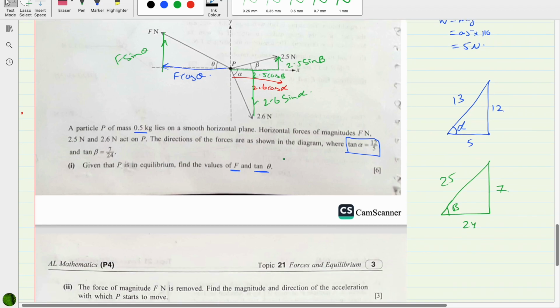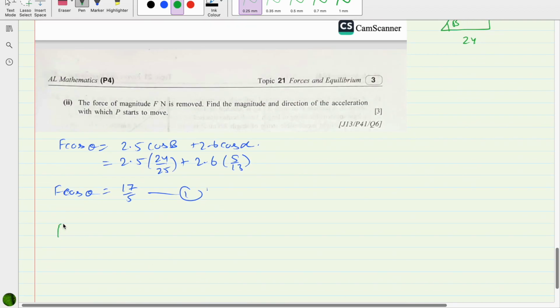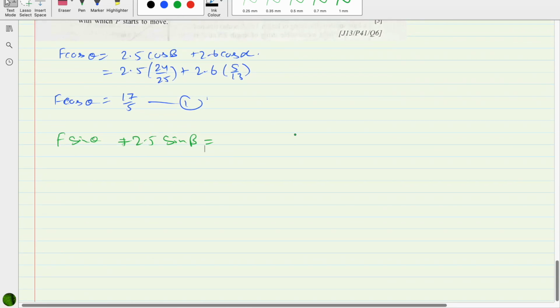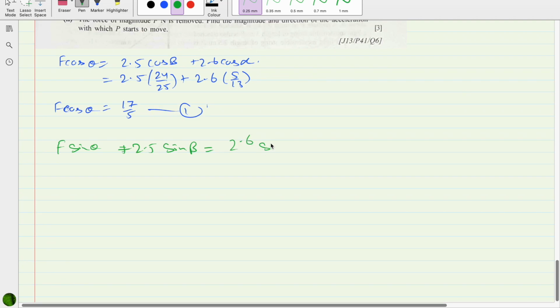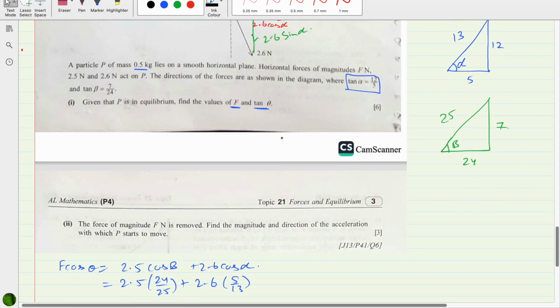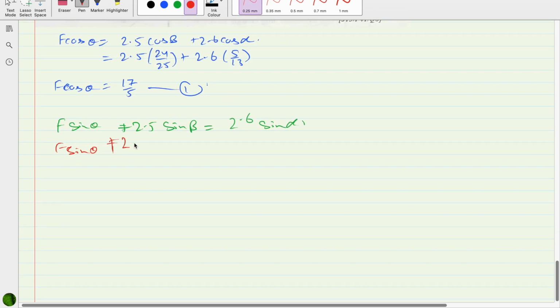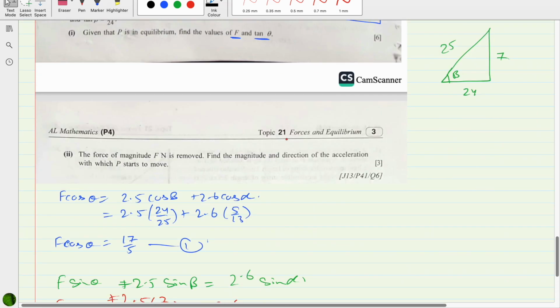So upward is F sine theta and 2.5 sine beta, and downwards is 2.6 sine alpha. So F sine theta, now 2.5 sine beta from this triangle is 7 by 25, is equal to 2.6 sine of alpha, which is 12 by 13.